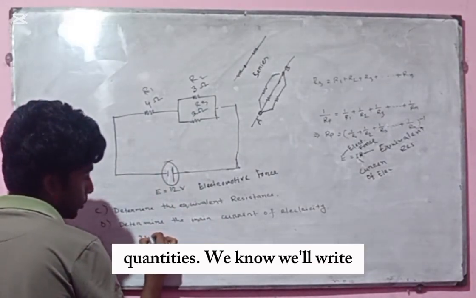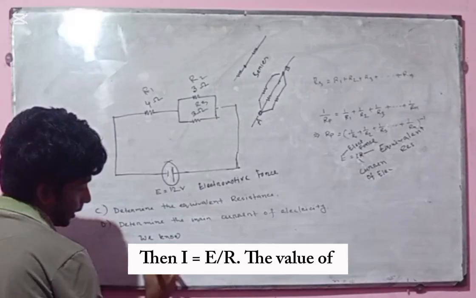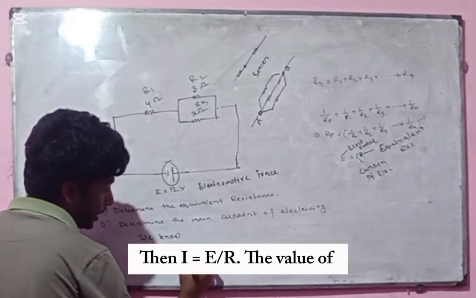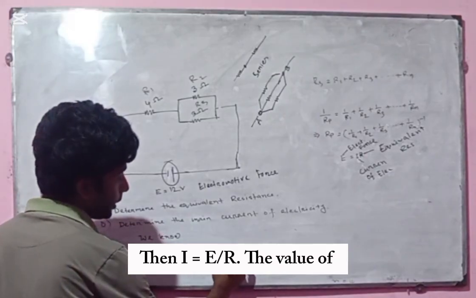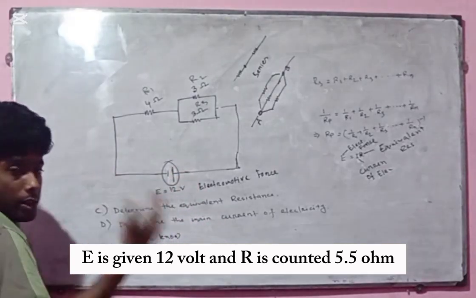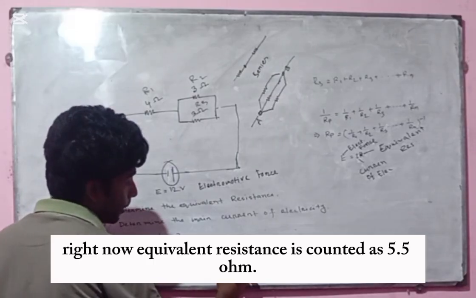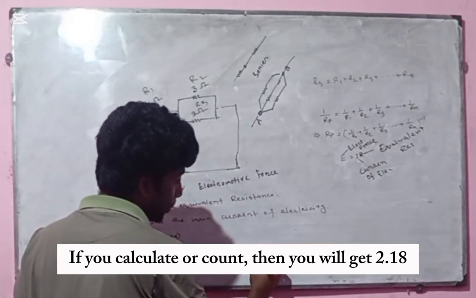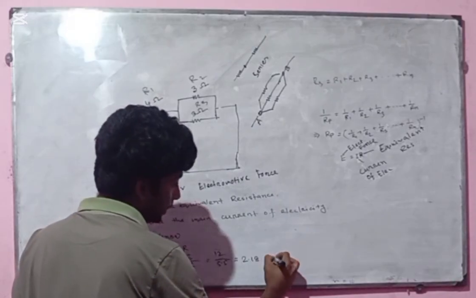We know E equals IR, then I equals E by R. The value of E is given as 12, and R is counted as the equivalent resistance, 5.5. If you calculate, then you will get 2.18 ampere.